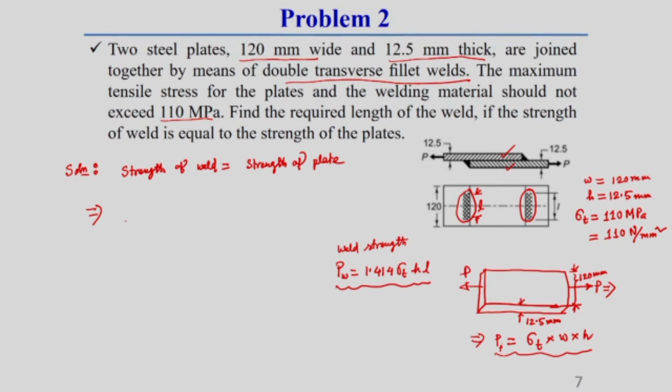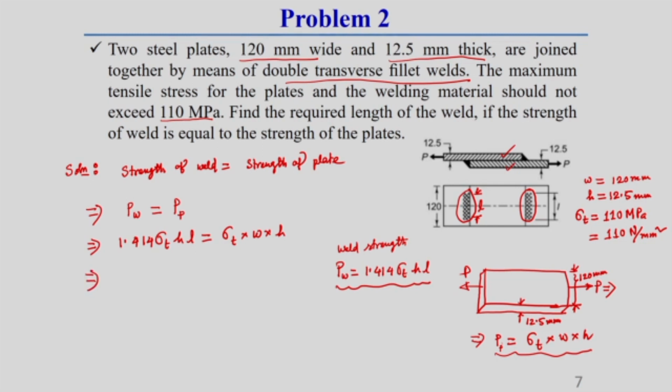By problem definition, the strength of weld should be equal to the strength of plate, so 1.414 sigma T H into L should be equal to sigma T into W into H.